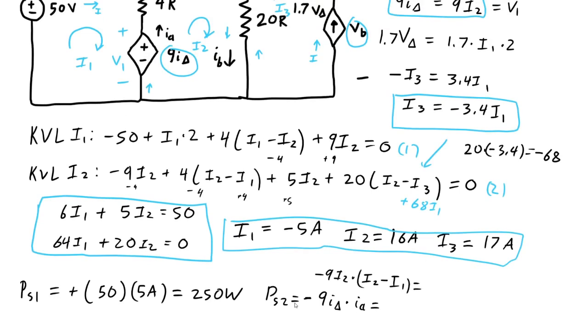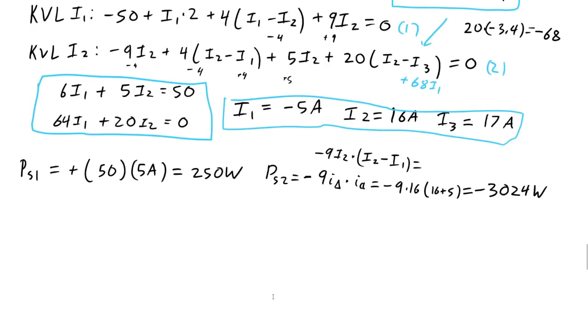So negative 9 times 16, and then 16 minus 5 is plus 5, so 21. 21 times 9 times negative 16, we end up with minus 24 watts being supplied. So we found out that one is definitely supplying power.